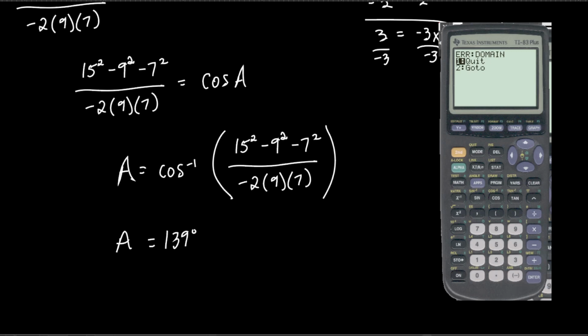Figures. Where's my clear again? There it is. What did I do? 15 squared. Inverse cosine. 15 squared minus 9 squared minus 7 squared divided by negative 2 times 9 times 7.